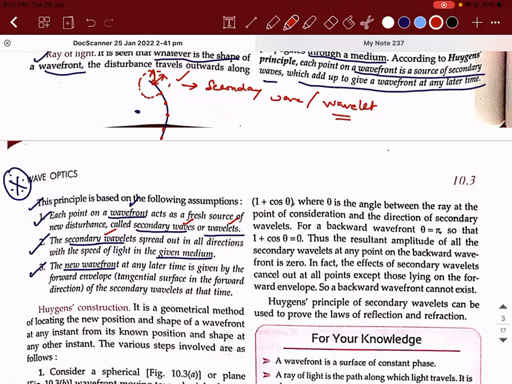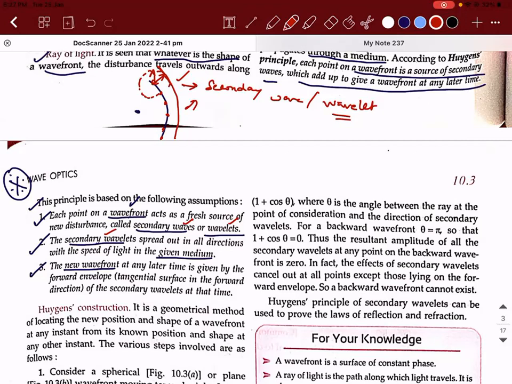For this new wavelet, you need to draw a tangential surface which will give you the new wavefront. So this is the secondary wavefront.